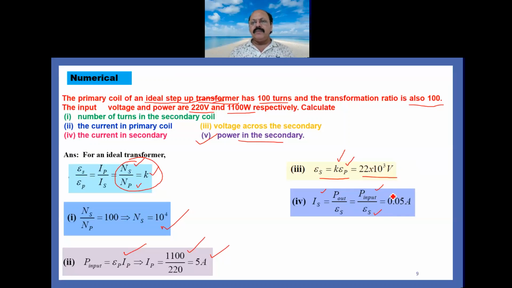Substitute the values, you will get 0.05 ampere. Now the fifth part says the transformer is ideal, therefore output power must be equal to the input power, so you will get 1100 watt. So this is about one numerical of a transformer in which all the concepts which you have learned we applied.